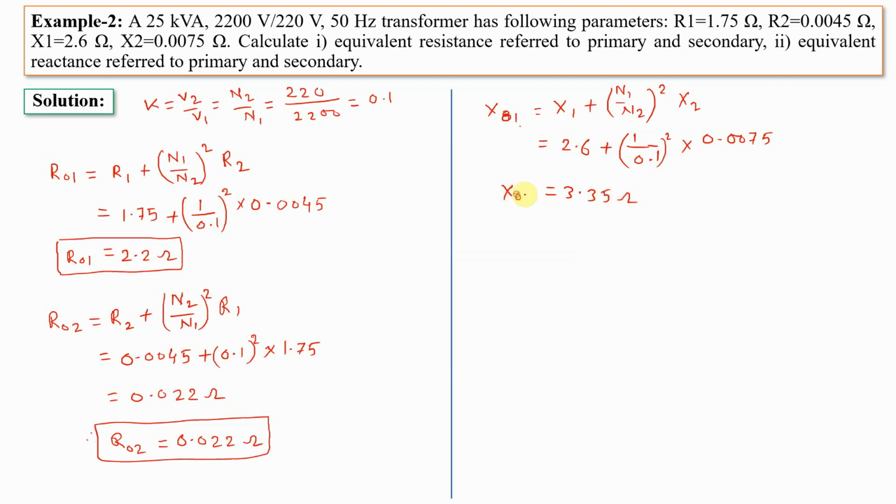So the value of X01 is equal to 3.35 ohms, the equivalent reactance referred to primary.